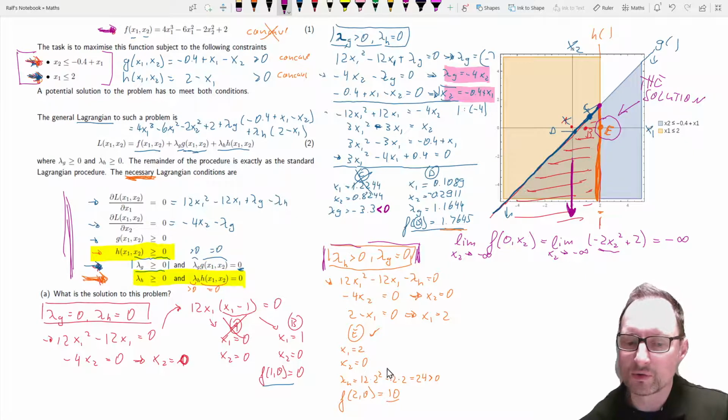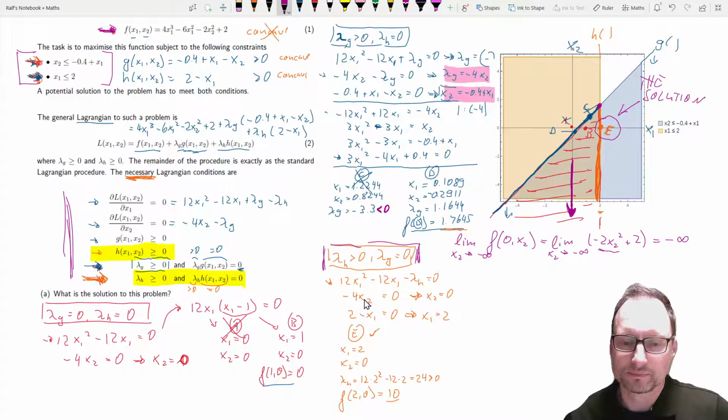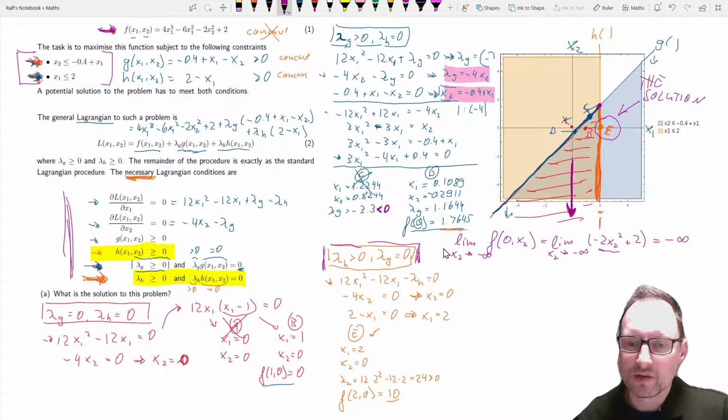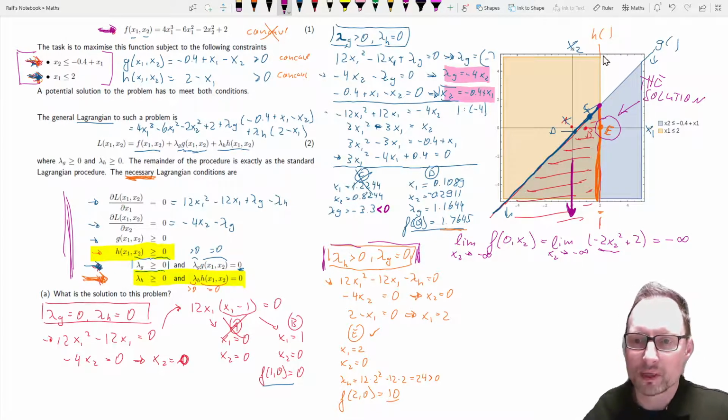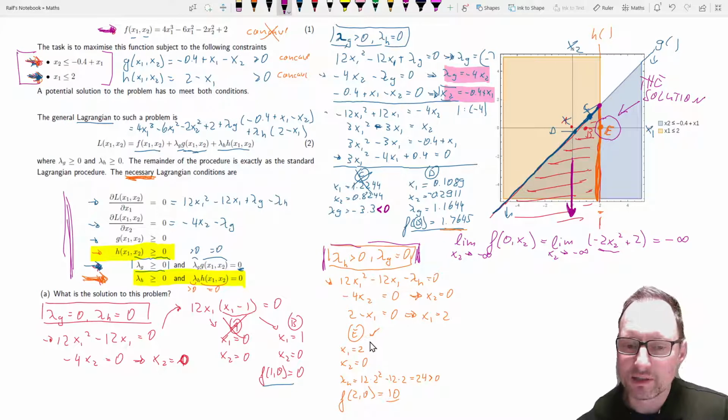So here we found a point, and as it turns out, this point will dominate that point. Because what we did for starters is that we looked everywhere on that boundary, and only once we found point E, we then checked whether that point E hit the other condition.